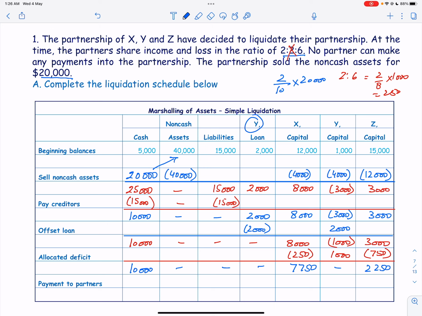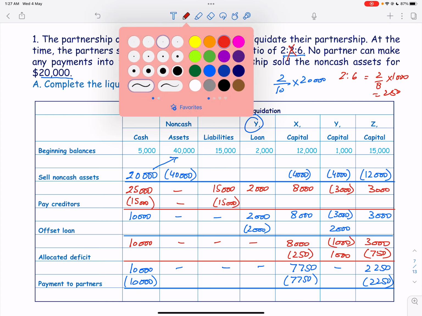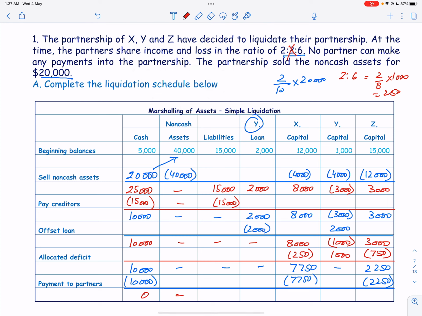Now we are going to make the payment to the partners having a credit balance, and the cash will decrease by 10,000, and this will give us a balance of 0 in the end.